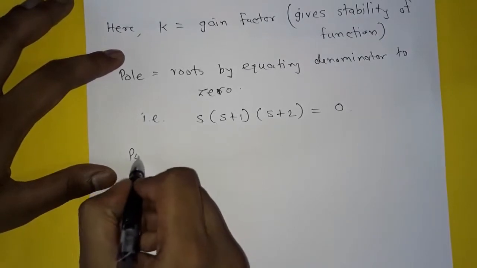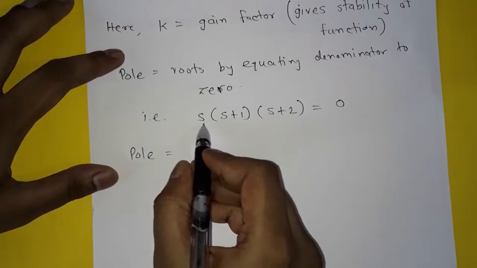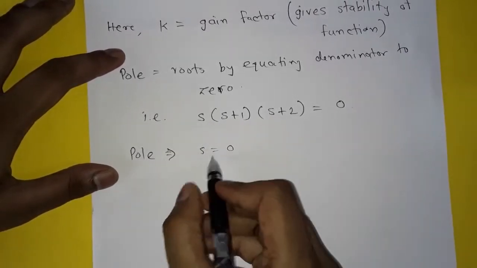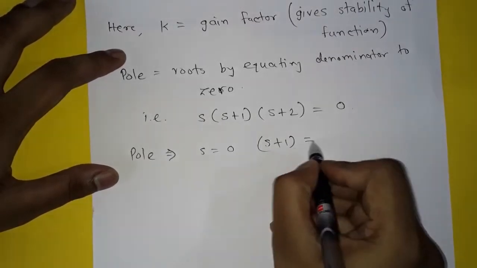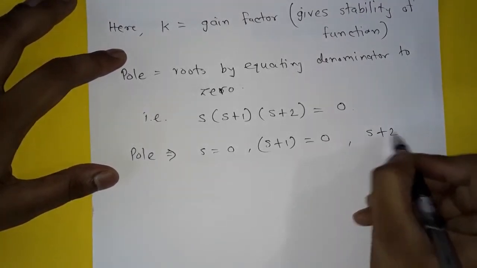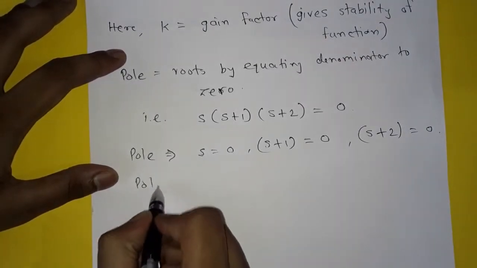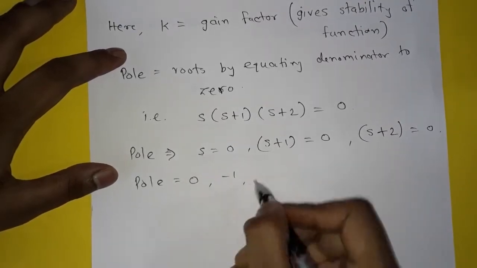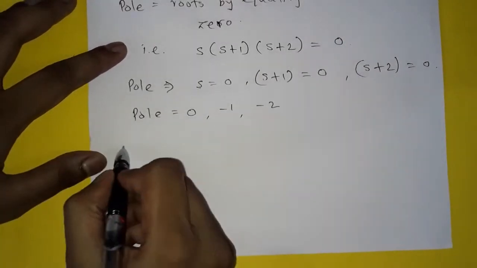So the poles, in this case, are s is equal to 0, s plus 1 is equal to 0, s plus 2 is equal to 0. Therefore the poles are 0, minus 1, minus 2 in this case.